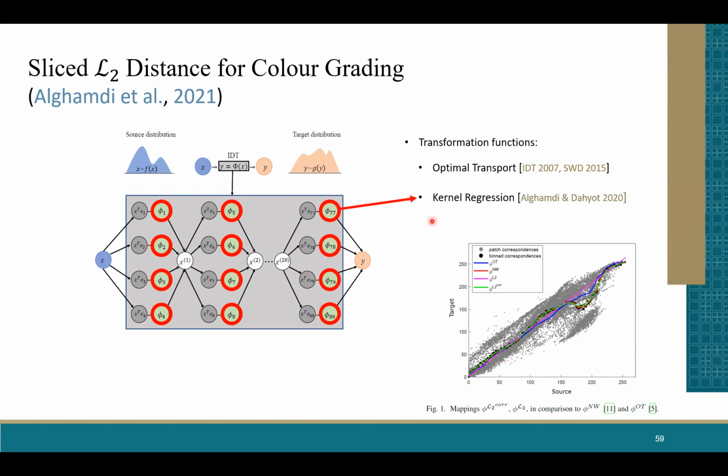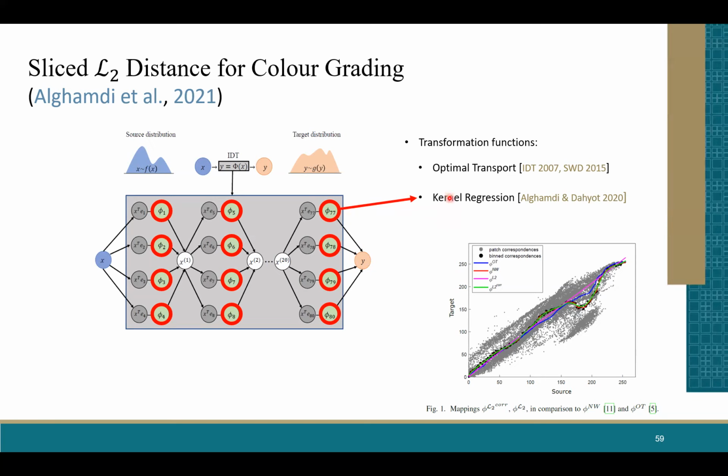Our recent research efforts have extended the IDT and sliced distance projection-based algorithm using image patches as samples in higher dimensional space rather than the RGB triplet in R3, and taking advantage of the correspondences between the source and the target using kernel regression, the Nadaraya-Watson estimator.